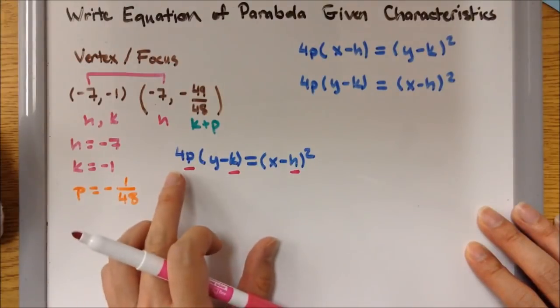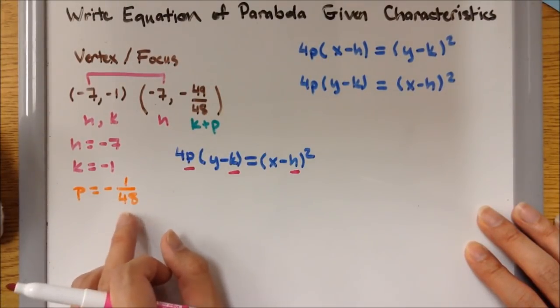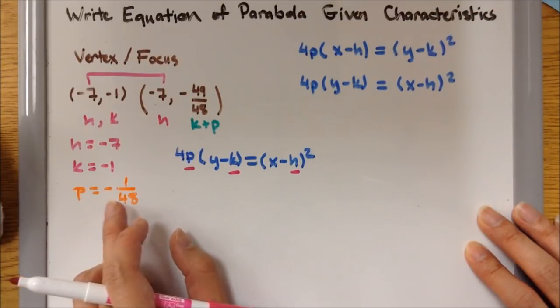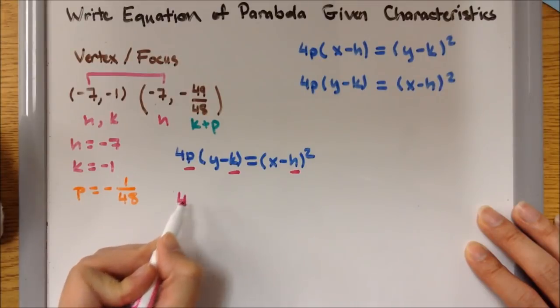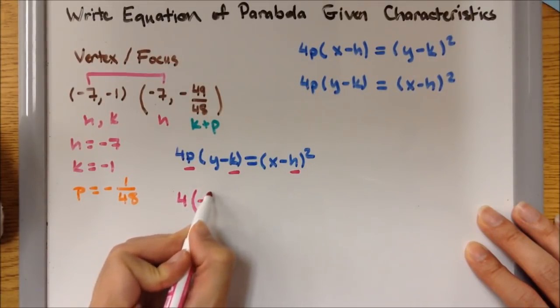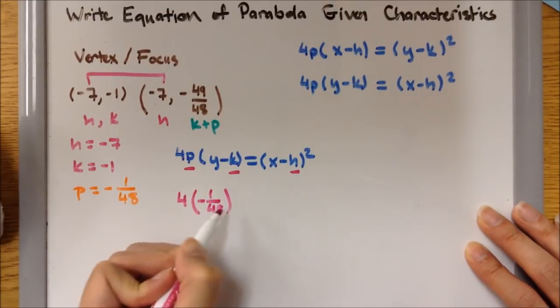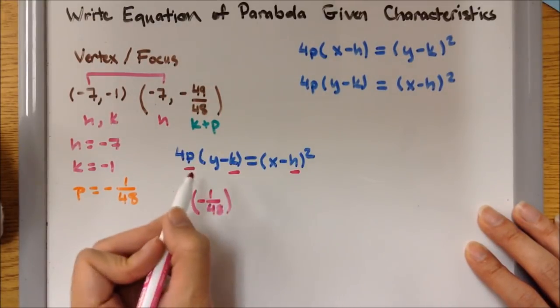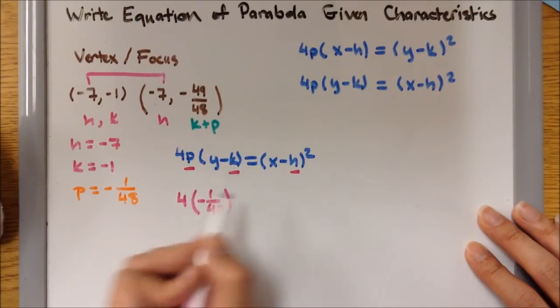Since there's a 4 in front of p, meaning it's going to multiply, I'm going to include a set of parentheses on negative 1 over 48. And then another set of parentheses because of the parenthesis on the y minus k.